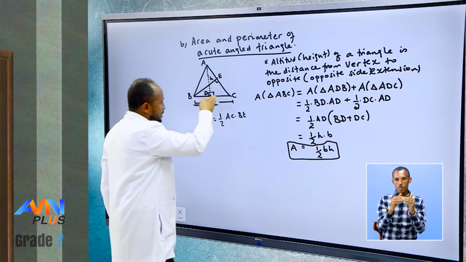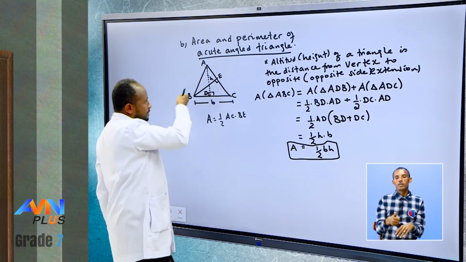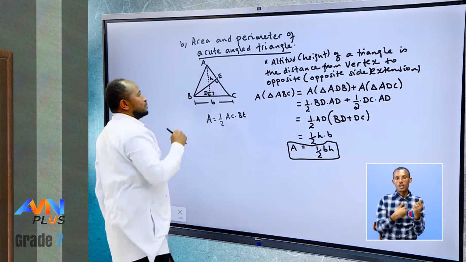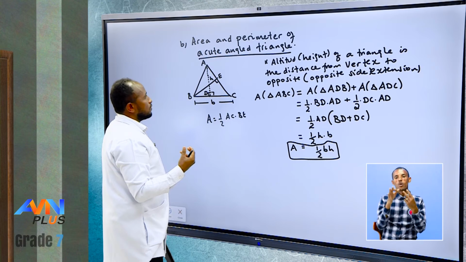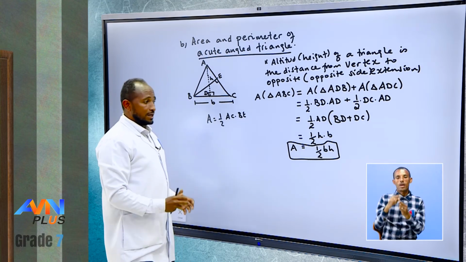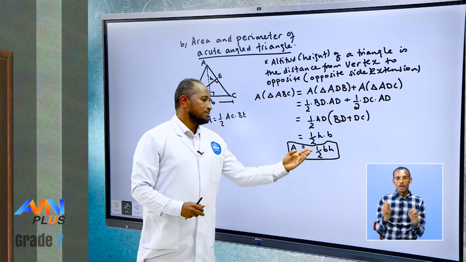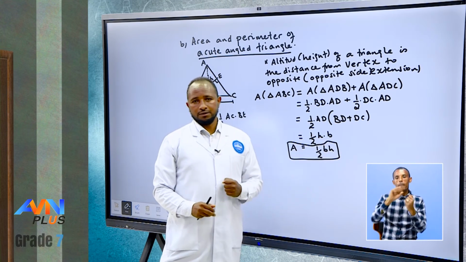If you take this as a base, this will be the altitude. If you take this as a base, this will be its altitude. If you take this as a base, this one will be the altitude. So you can alternatively calculate the area of an acute angle triangle in different ways. But generally, to calculate the area of a triangle, simply you apply this equation: half times base times height.